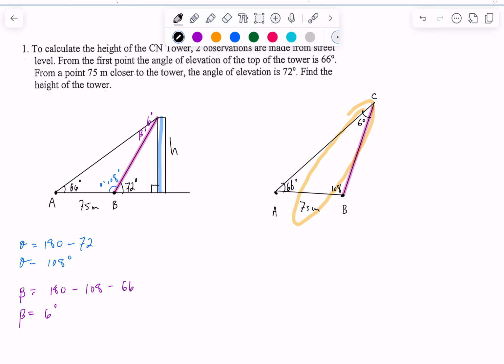Okay, and so what I can do is I can go sine of C over little c is equal to, I'm interested in the pink piece over there, that's little side length A. So sine of A over A. Okay, so angle C is 6, so I'm going to go sine of 6 over 75 is equal to the sine of A is 66 over little a, which is what I'm looking for.